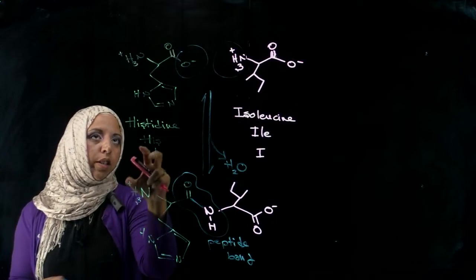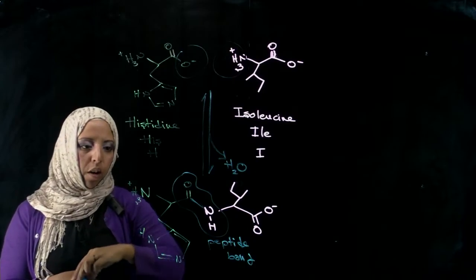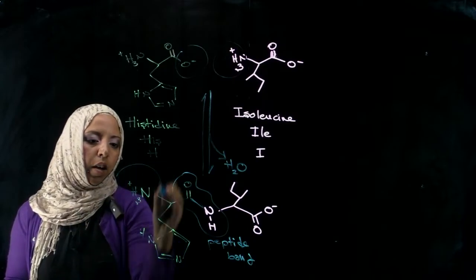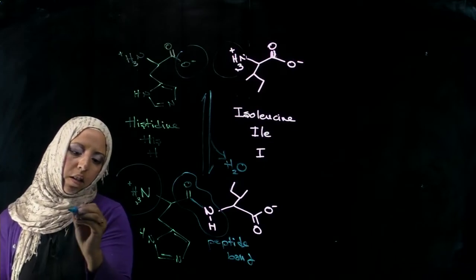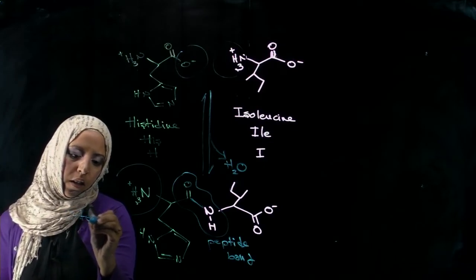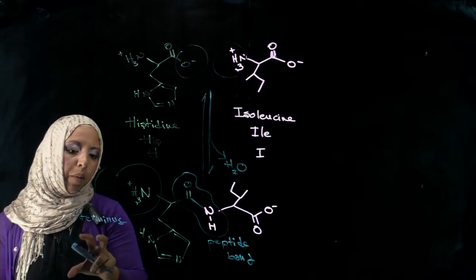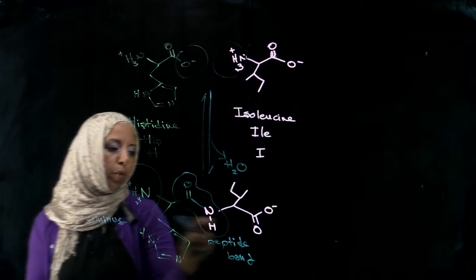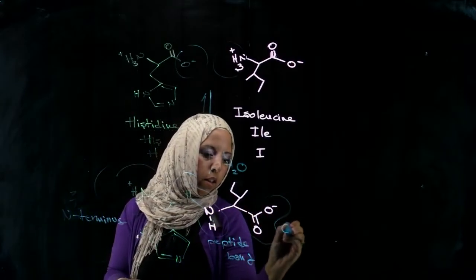Notice now we only have one amino group and one carboxylic acid group. We call one end of it the N terminus of the peptide, and we always write a peptide sequence starting from the N terminus going to its C terminus.